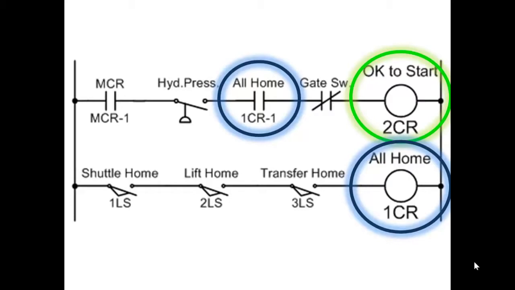So looking at this diagram, the only connection really between these two rungs is that when the second rung goes true, in other words, 1CR energizes, it closes the contact in the upper rung that's part of the logic to say it's okay to start the machine.